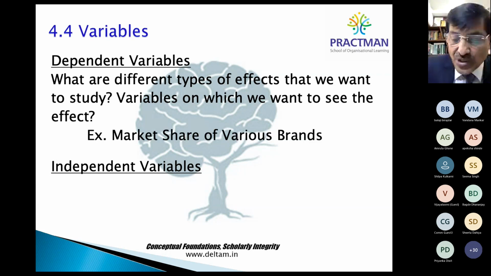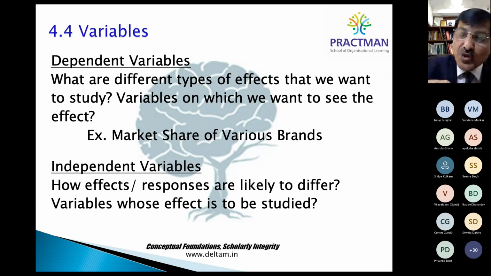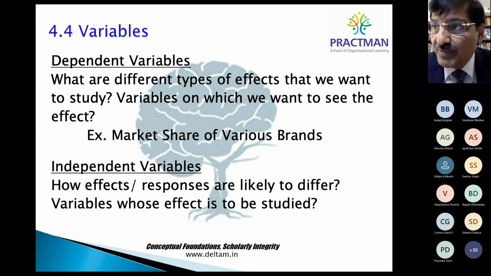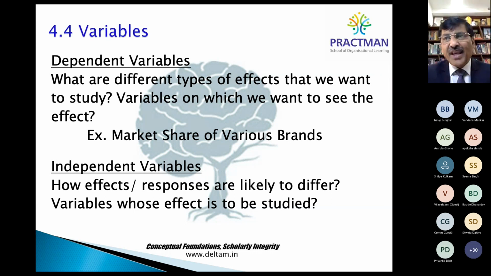And the variables whose effect you want to study, they are the independent variables, which you may also call influencing variables. For example, if I am doing a study on prickly heat powder, the brands which are famous in India, Nycil, Dermicool, Boroplus and all that, and I am trying to study the market share of various brands, then market share is a dependent variable.